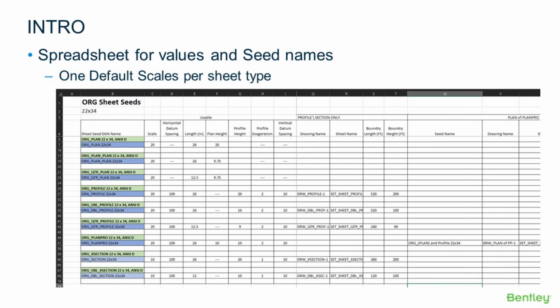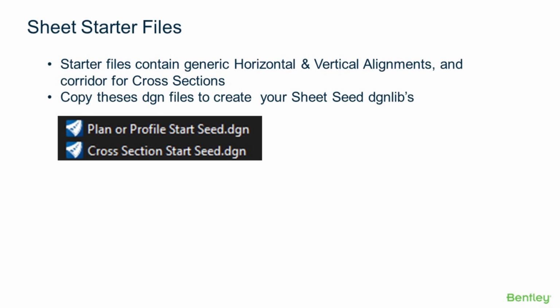This is the one I'm going to be using here, basically one scale for each sheet type. And so this is the one we'll try to get through today. There are a couple sheet starter files in the folder that I'm using from our default delivered. In this case, this would be more for copying this for one type of sheet seed and so on.